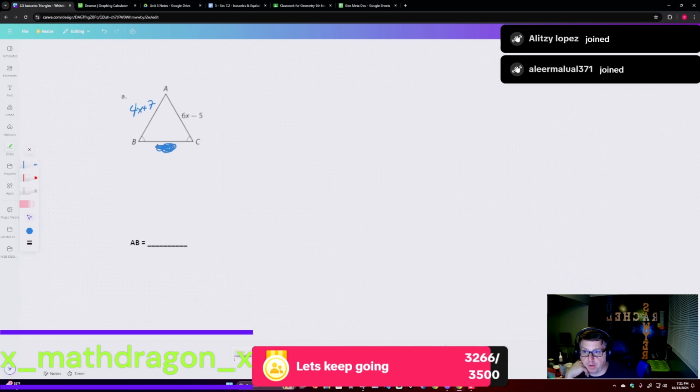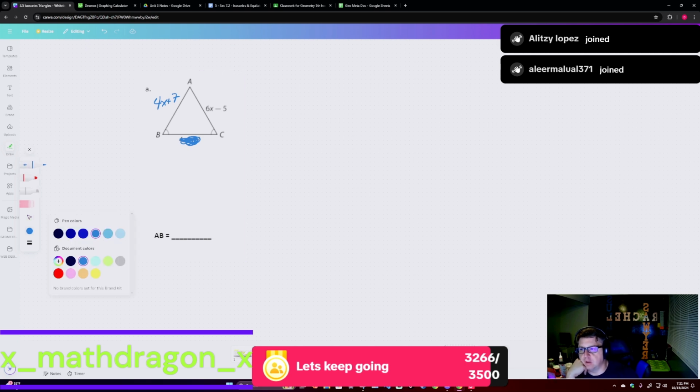And that's the game I want to play with my students as well when we do this. Listen, this is the original problem, because what you will find out is that this angle is equal to that angle. So that means, well, this side across is going to be equal to that side across. So we can set up 4x plus 7 equals 6x minus 5.